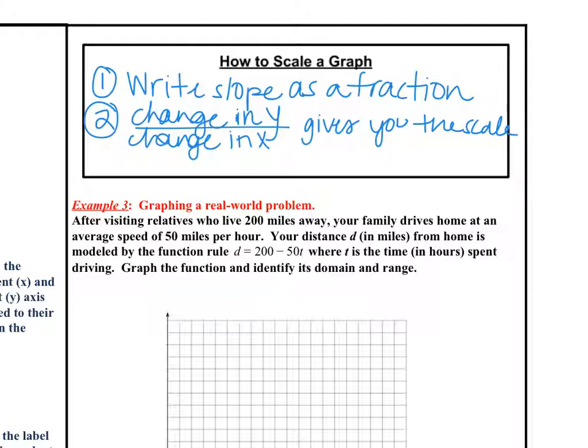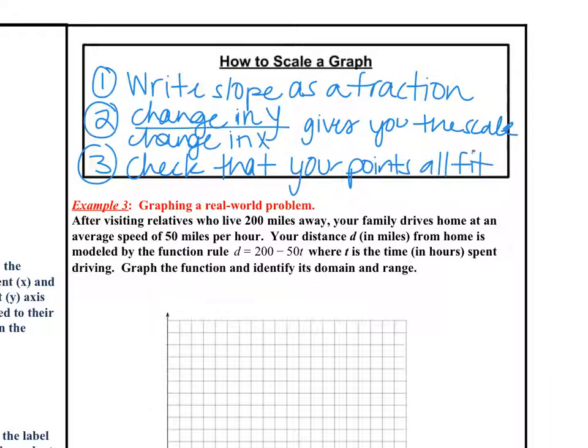When I say scale, I mean how you're going to label your axes, like how you're going to put the numbers on the grid. Last thing, check that your points fit on the grid. Check that your points all fit.